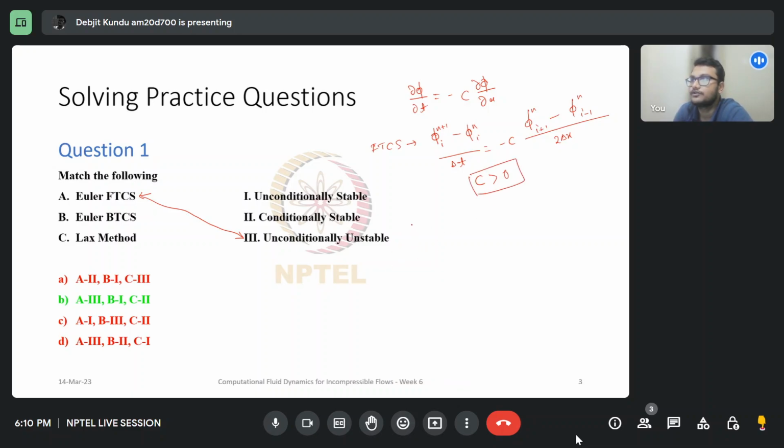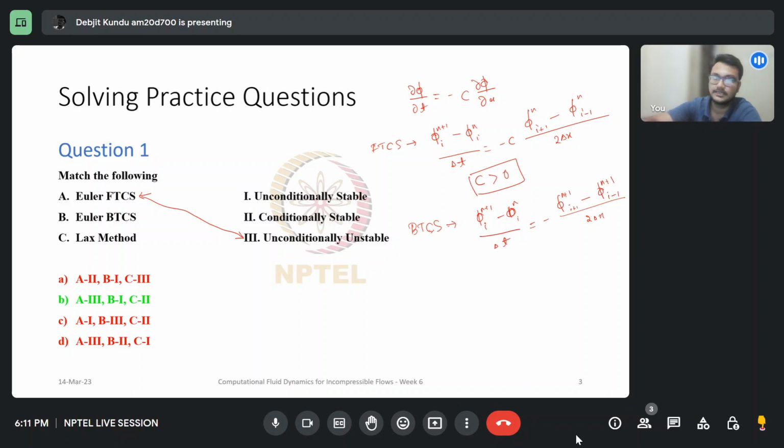Then we go to the BTCS scheme, which is an implicit scheme. In this scheme we discretize in a similar way. So we have phi i n plus 1 minus phi i n divided by delta t, but on the right hand side, this time we have a similar central difference, but the points will be taken at the n plus 1th time level.